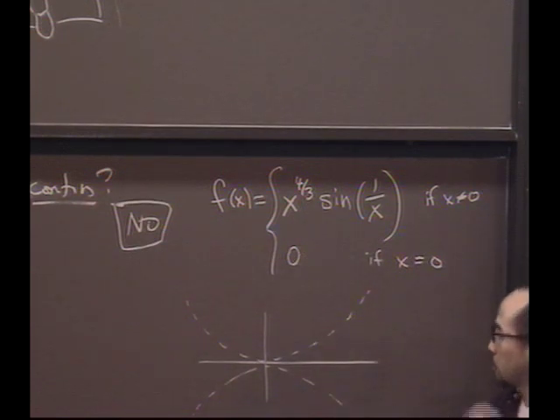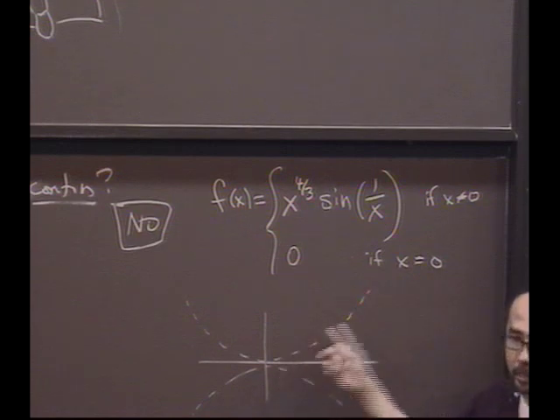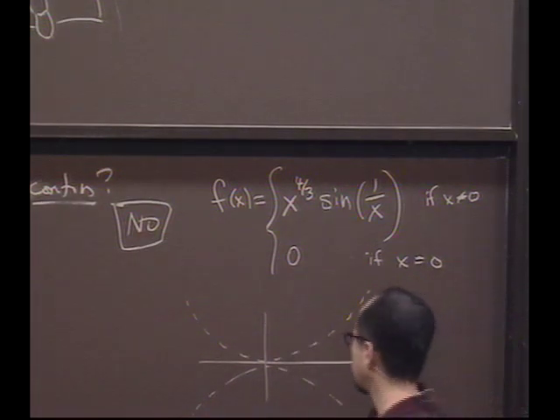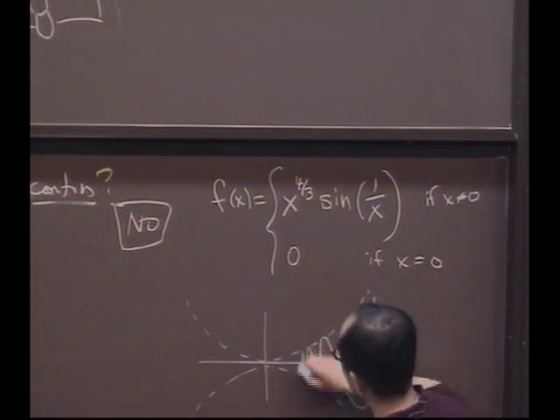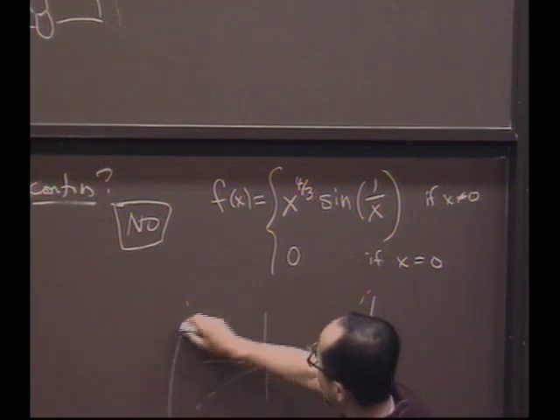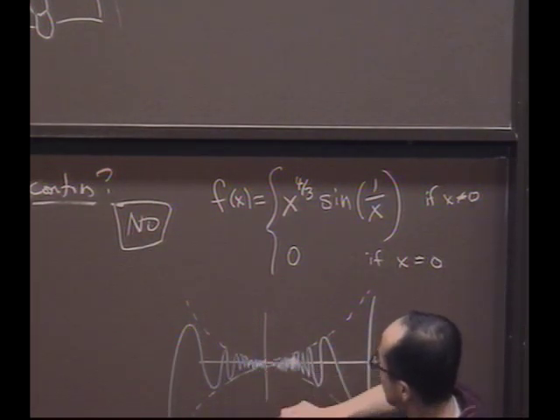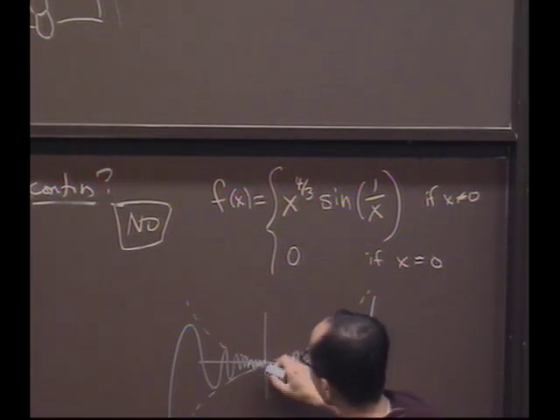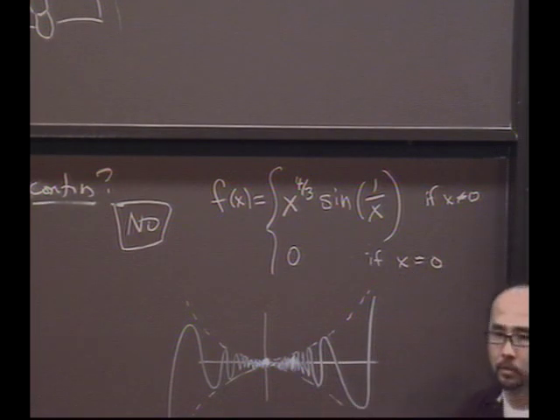So this thing lives somewhere between the straight line and the parabola, right? Okay, and it does something like this. Similarly, on this side, it starts off with low frequency, and then it gets to a higher frequency. And then right at the origin, it's a single value. It's 0. Okay?